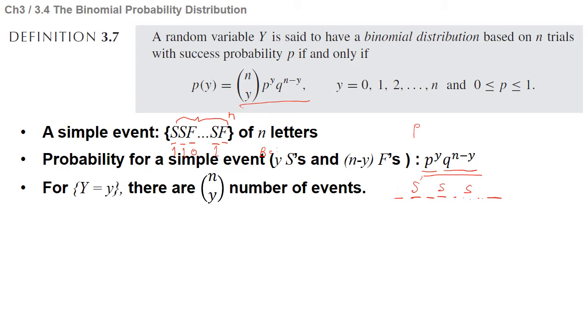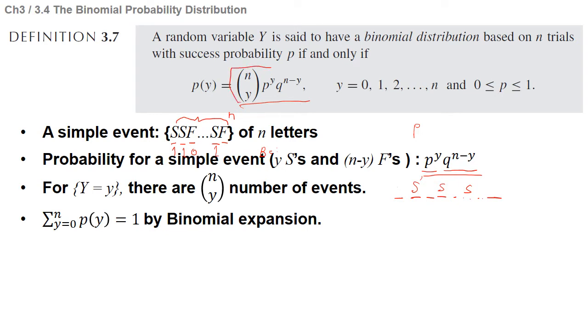So the related probability is the number of events times the probability of one simple event.